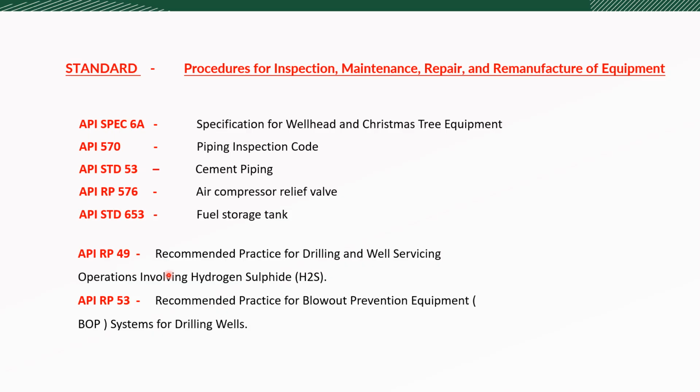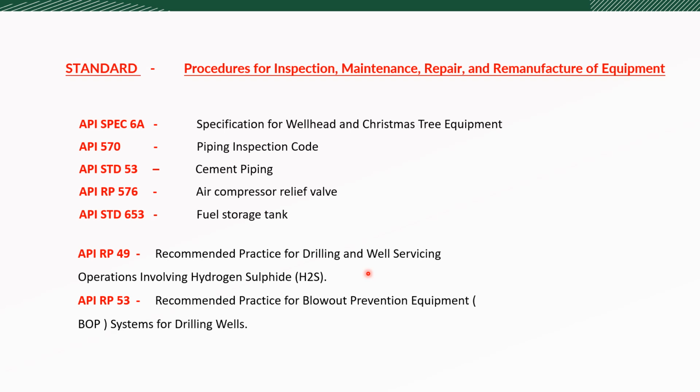API RP 49, recommended practice for drilling and well servicing operations involving hydrogen sulfide. Earlier we have seen one more standard related to hydrogen sulfide, that was API RP 68. When we talk about hydrogen sulfide in the well servicing and workover field, we will follow the API RP 68 standard.